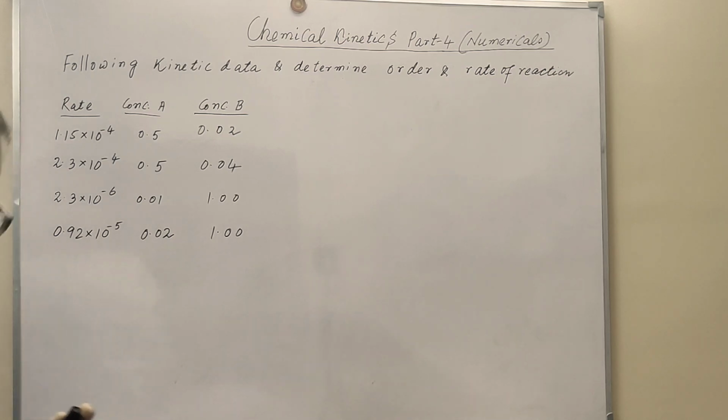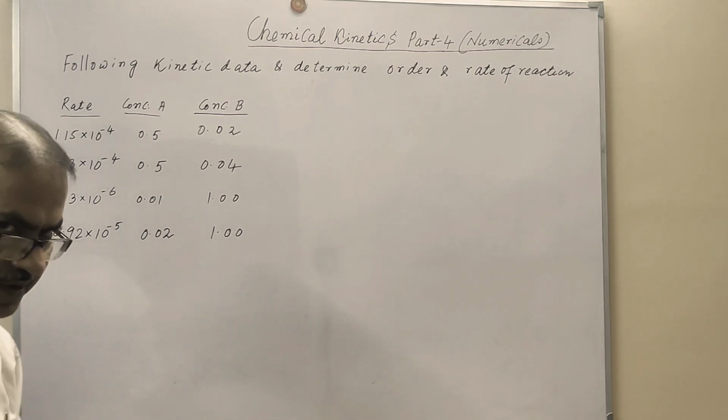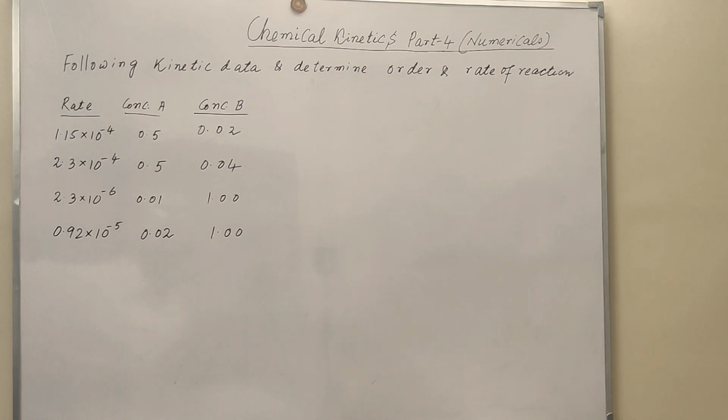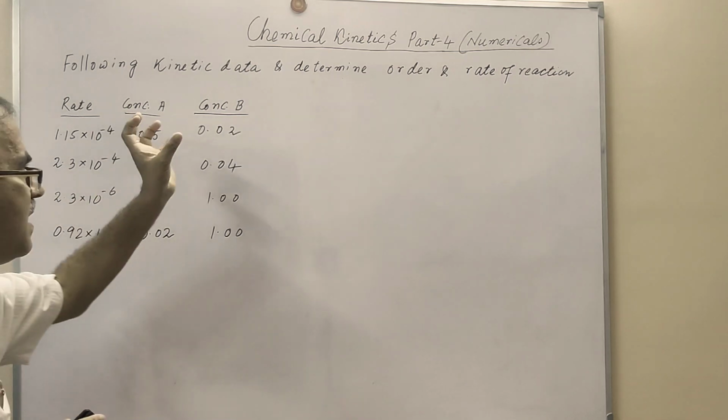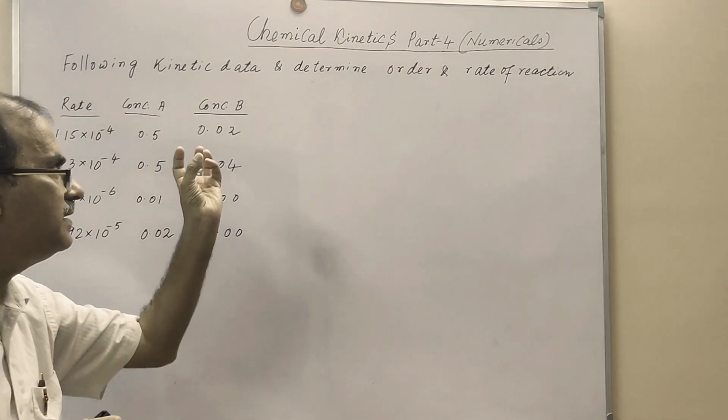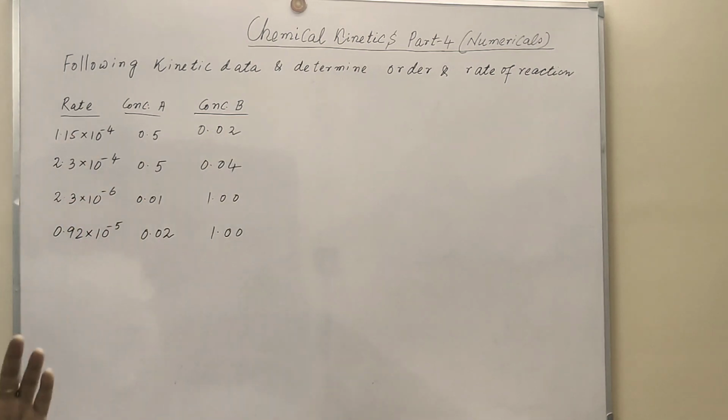So far we have discussed one reactant. Now it is two reactants, right? Two reactants react and produce some different product, and the rate of the reaction has been calculated. Then you have to calculate from this kinetic data the order and the rate of the reaction.